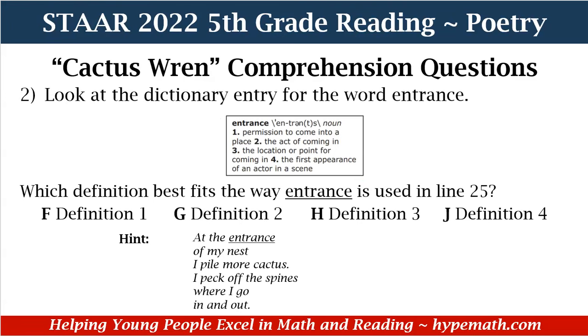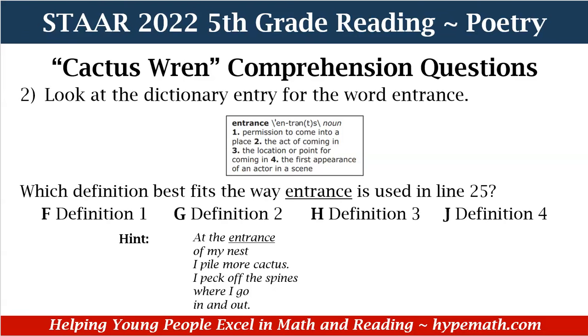Let's look at number 2. Look at the dictionary entry for the word entrance. Which definition best fits the way entrance is used in line 25? Is it F, definition 1, G, definition 2, H, definition 3, or J, definition 4? So let's look at our definitions to see.